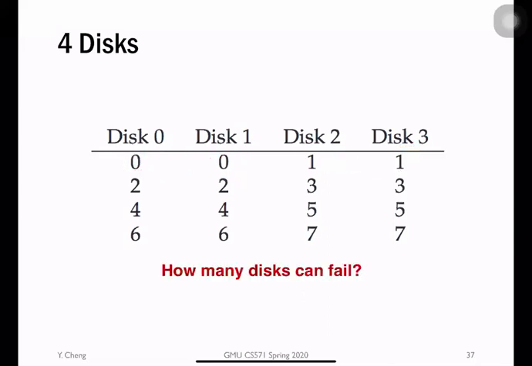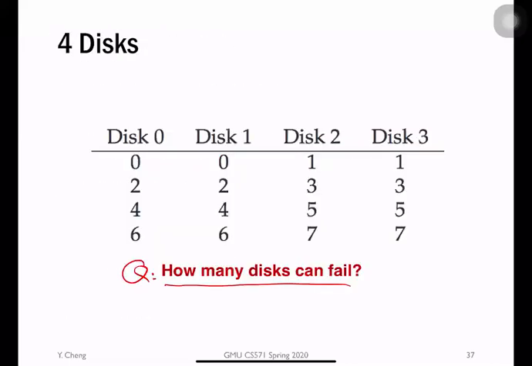So in this case, if you're talking about the reliability model or failure analysis, the question is, how many disks can fail? Or how many failures can the RAID 1 configuration tolerate at most?